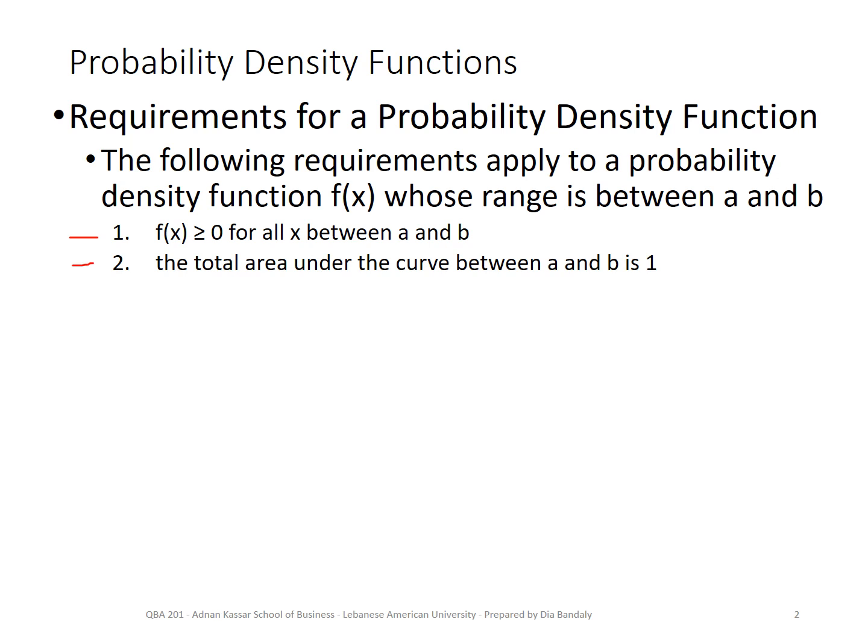And then the total area under the curve between A and B, where we are given that this variable can take any value between A and B, will be equal to 1. This is very important. This will let you know whether you have really found the right f of x, or if it's missing anything. We're going to see that a lot. We're always going to verify whether these two requirements are met.